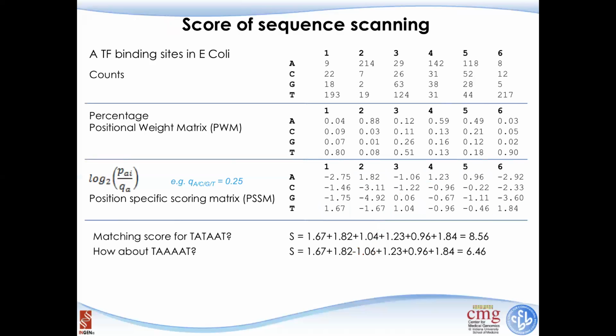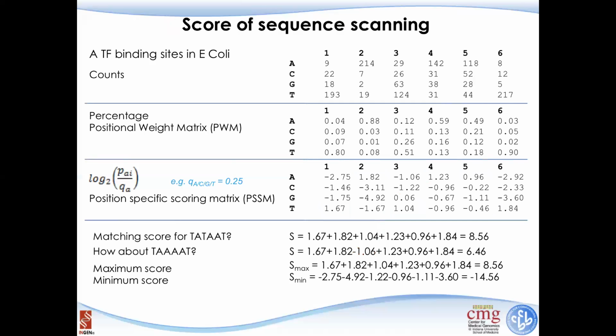What can we do? One way is, based on this matrix, we get the maximum score and the minimum score, and then we have a range. For any sequence with a score, we can compare how similar it is to the max and to the minimum, so we use a relative score to describe this similarity.